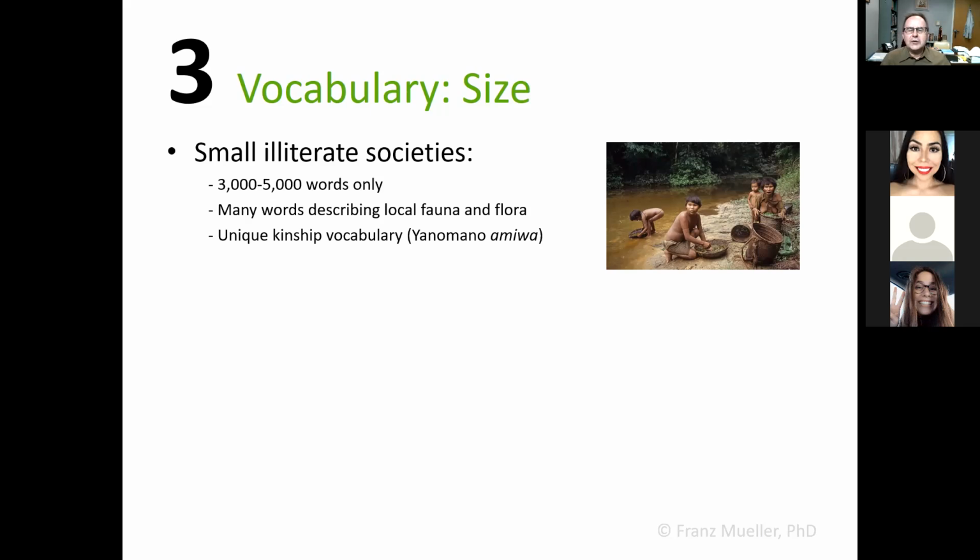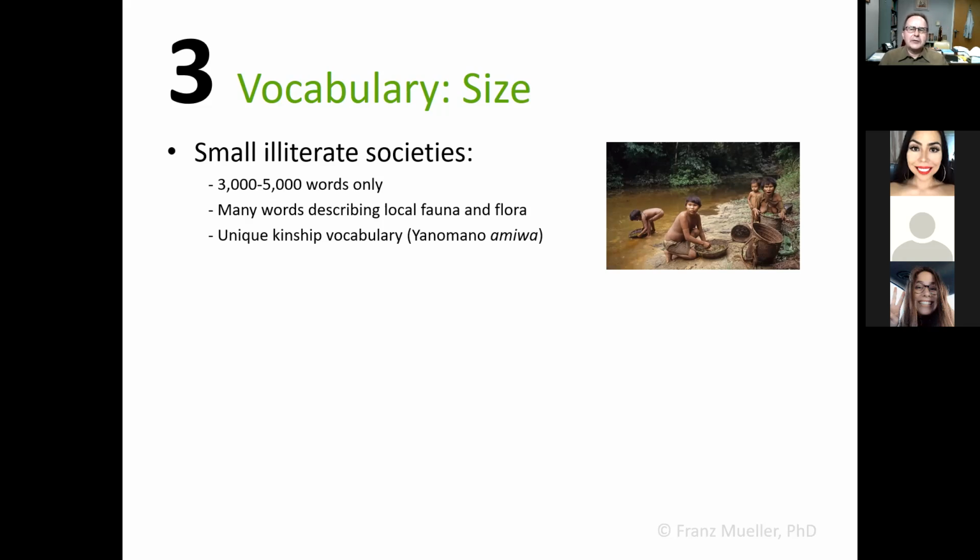There again, there are unique words in every language that are not easily translatable into other languages. For example, among Yanomamo people, and these are some Yanomamo there in the picture, there's a word called amiwa, which is a family relation word, a kinship term. Like in English, uncle and grandpa are kinship terms.